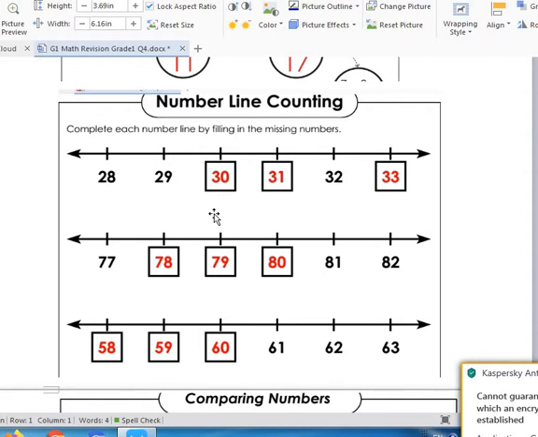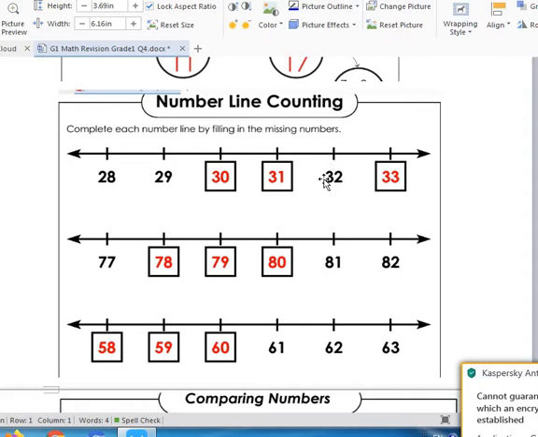After 30 I have 31. And the number that comes before 32 is 31. Here the ones decreased by 1.